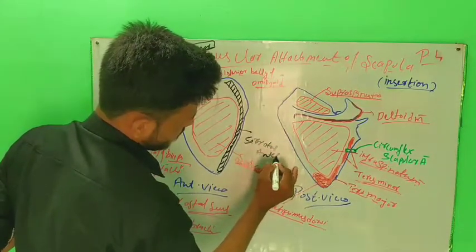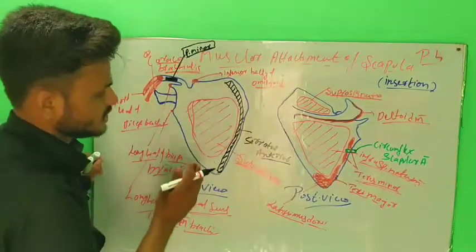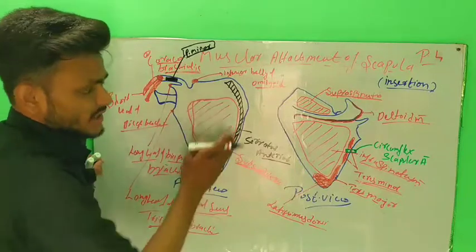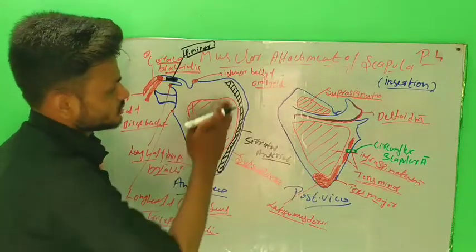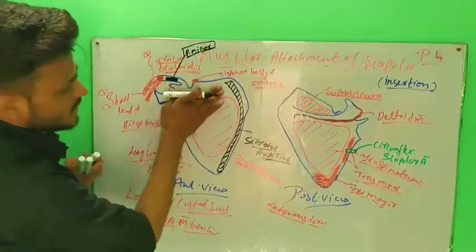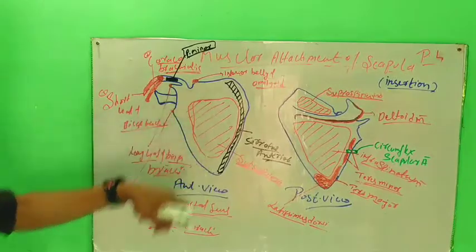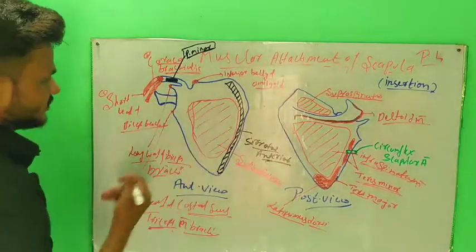Serratus anterior will insert on the medial border of the costal surface of the scapula, from the superior angle to the inferior angle. This is the insertion on the anterior view.